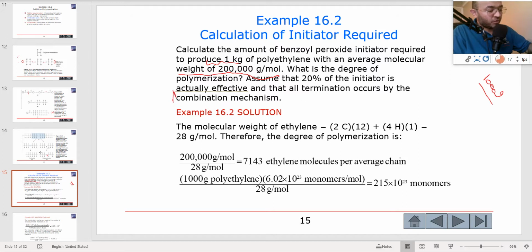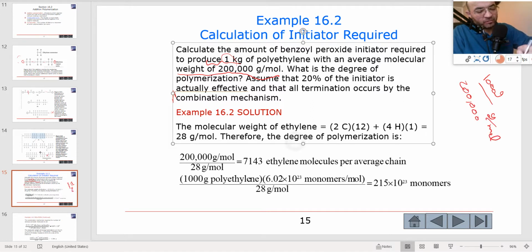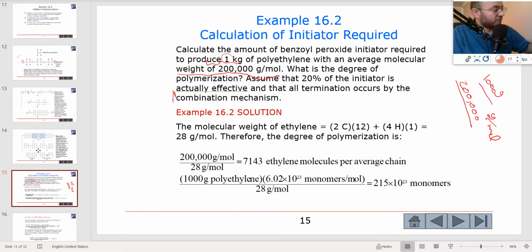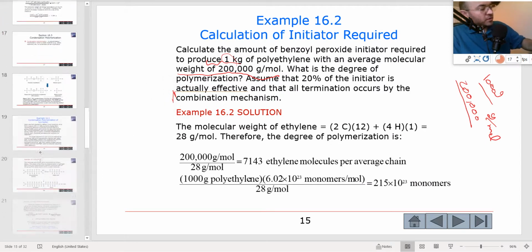So in this case, by looking at 1 kilogram of polyethylene, and we have 200,000 gram per mole, we want to find the number of monomers or degree of polymerization. Degree of polymerization would be like you have 200,000 gram per mole of polyethylene. Each monomer, which is ethylene, how much is ethylene? In ethylene we have C2H4.